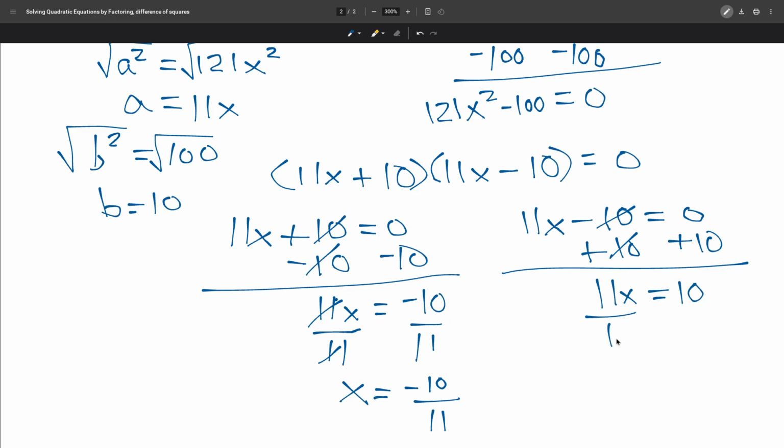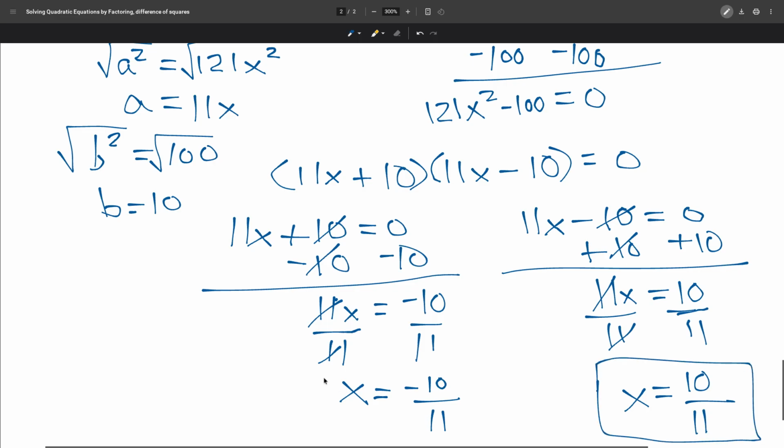Divide both sides by 11. And x equals positive 10 elevenths. So our two solutions are x equals 10 elevenths and x equals negative 10 elevenths.